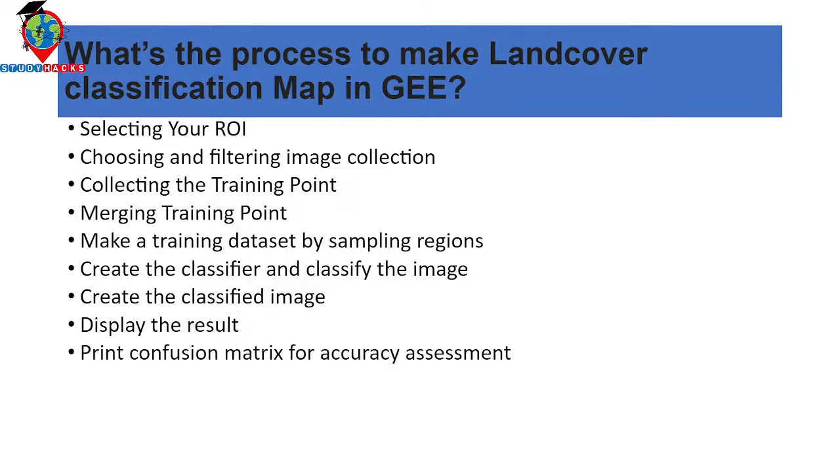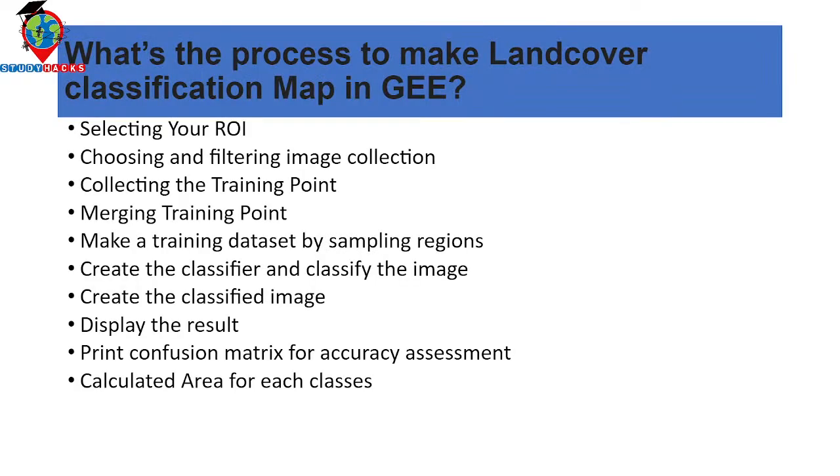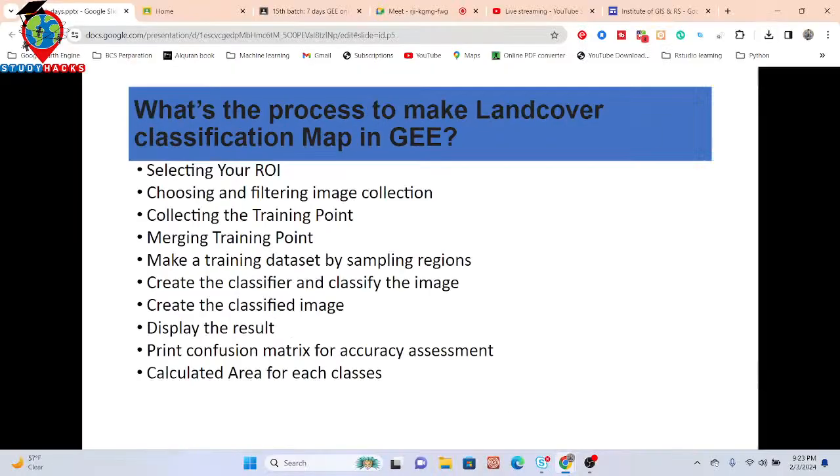I check using the confusion matrix table I create, and further we check the accuracy assessment, different types of accuracy assessment such as kappa, producer accuracy or consumer accuracy. Further we simply calculate the area and then export this map in TIFF format. So basically this is the simple process to make the land use land cover classification map using a supervised machine learning model. Okay. So any question you can ask me, anyone.